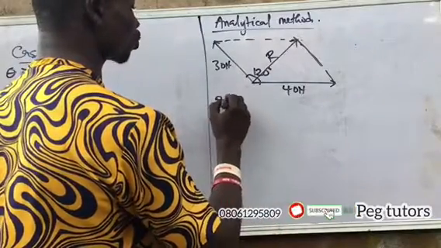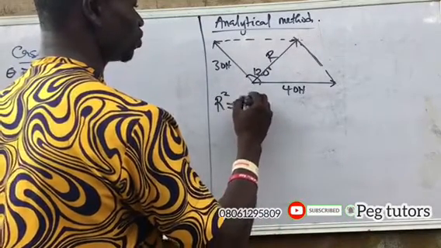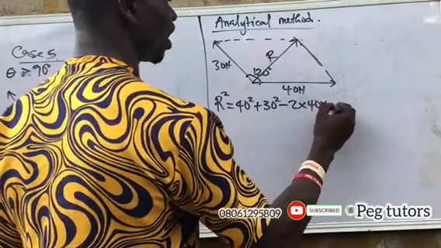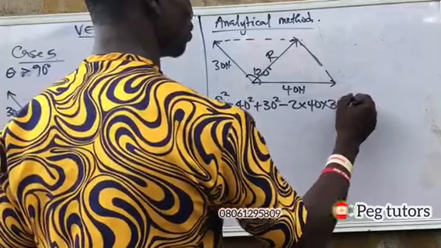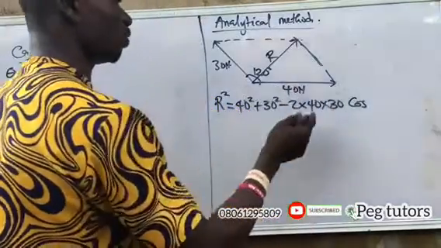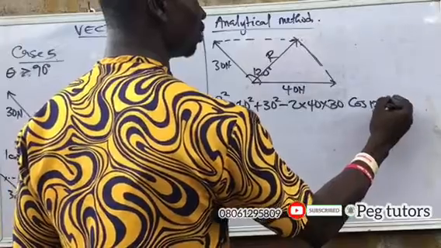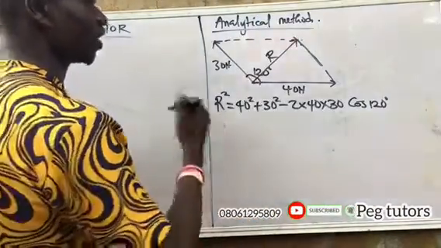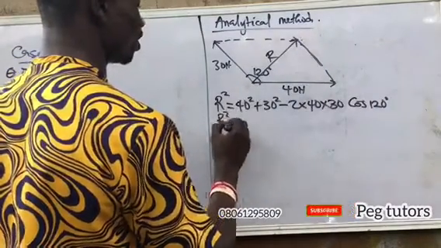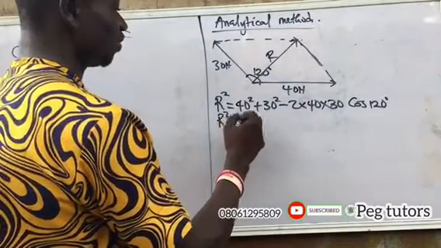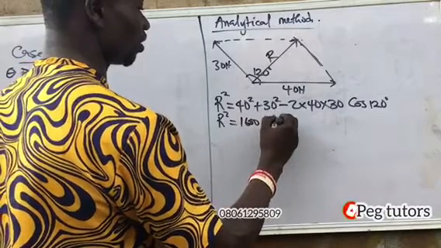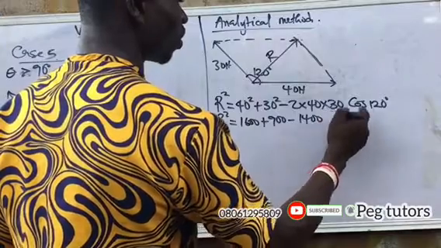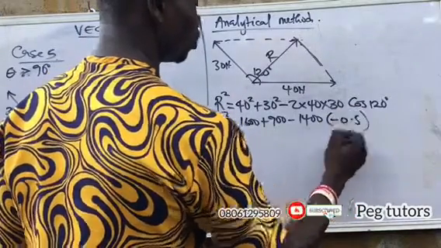From the cosine rule, R squared is equal to 40 squared plus 30 squared minus 2 times 40 times 30 times cos theta, where theta is 120 degrees. Don't forget that, 120 degrees is the angle theta here. So R squared is equal to 1600 plus 900 minus 2400 times cos 120, which is minus 0.5.